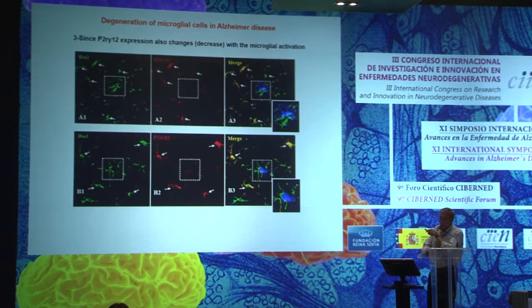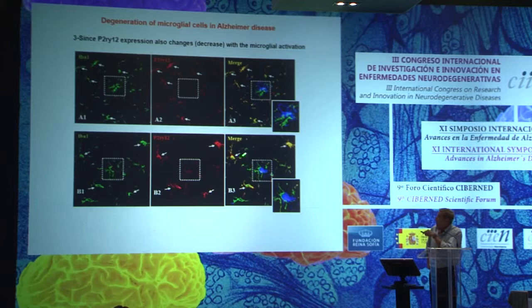However, we also find that the expression of these two markers, fractalkine receptor and purinergic receptor 12, decreases when the microglia is active. As you can see here, in resting microglia the expression of IBA1 and purinergic receptor 12 colocalize.